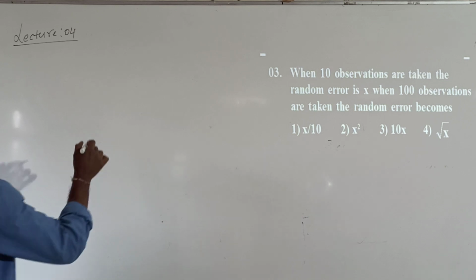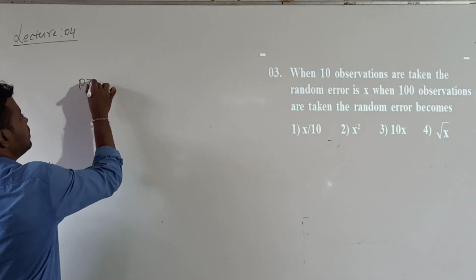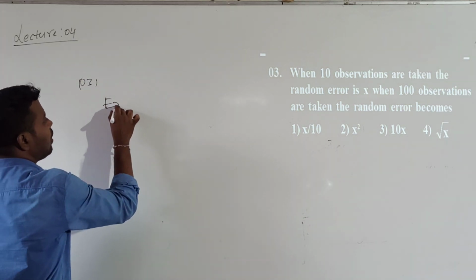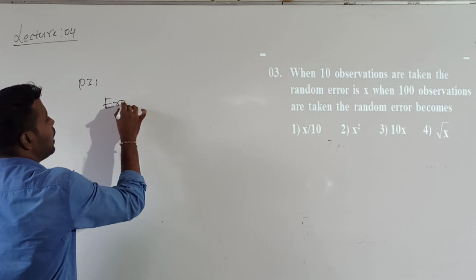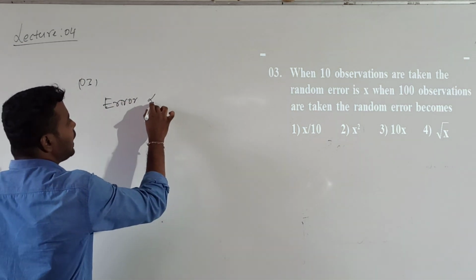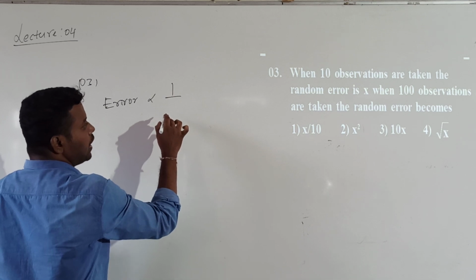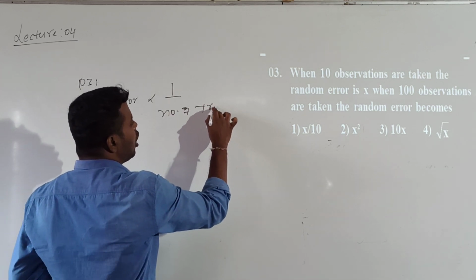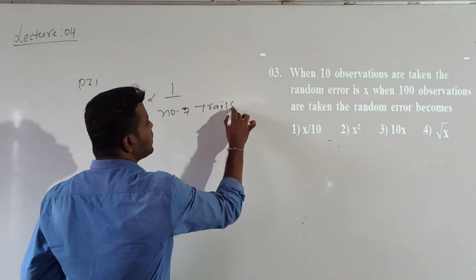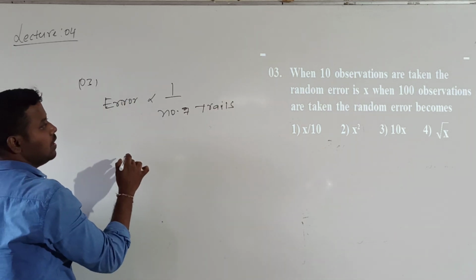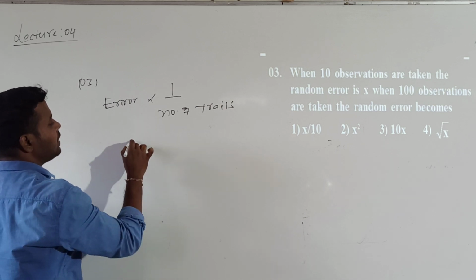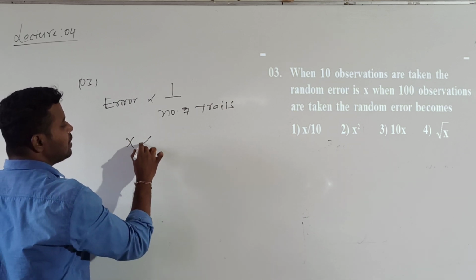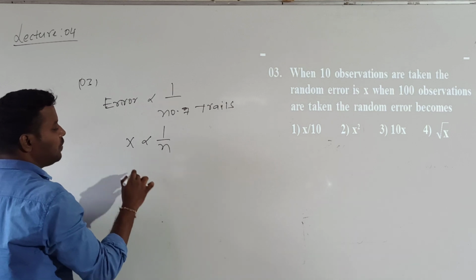So error is inversely proportional, any error, random error or systematic. The error of a measurement is inversely proportional to the number of tries, how many times the experiment was done. So here, call the measurement x. x is inversely proportional to n, the number of tries.